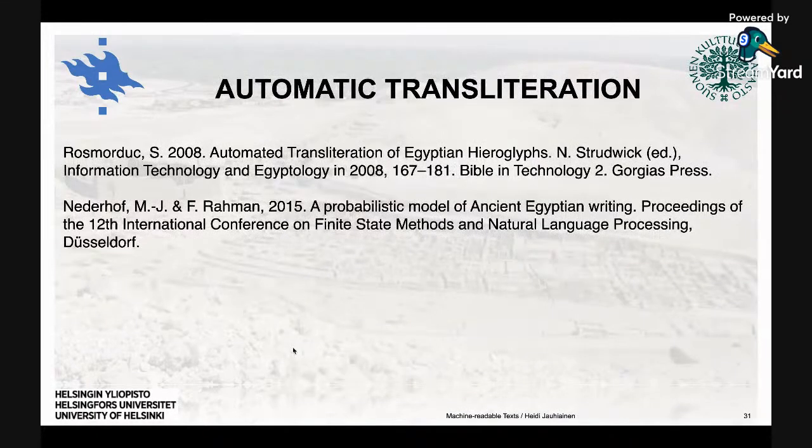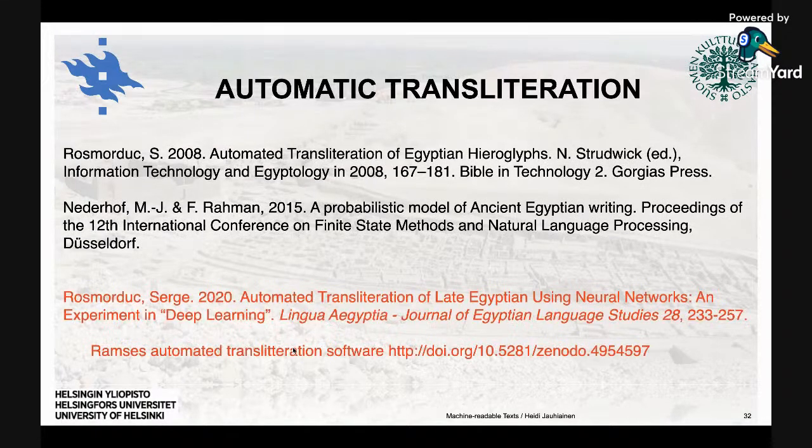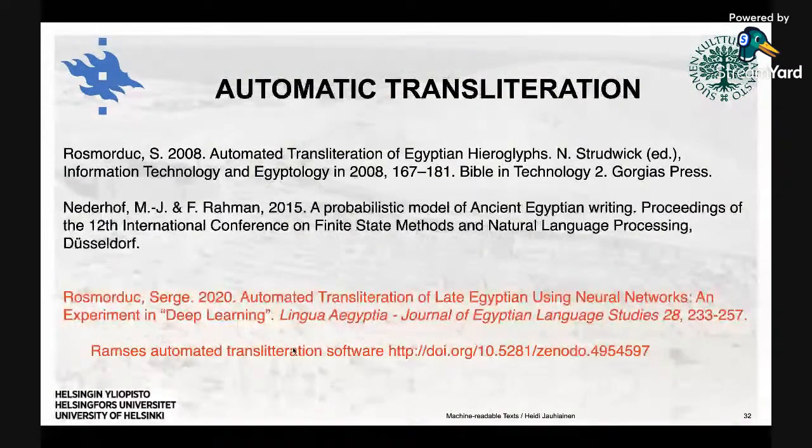There were some earlier attempts to do this using only a few texts for training and testing the method. But just now, Serge Rosmorduc has published a method for automatically transliterating Late Egyptian texts. So that's again the phase of the language used during the New Kingdom.